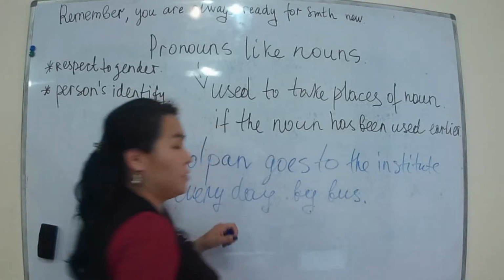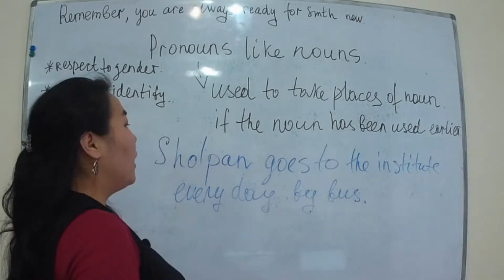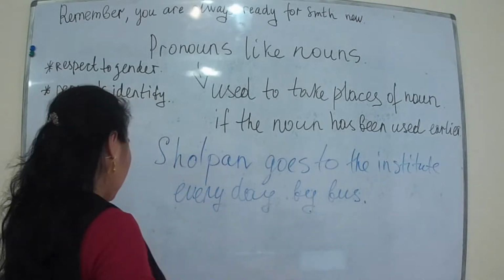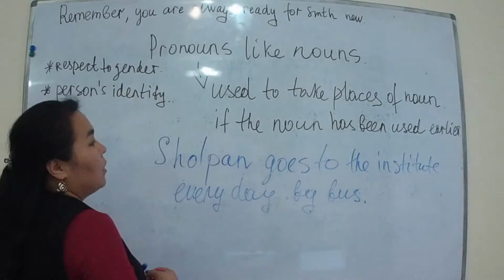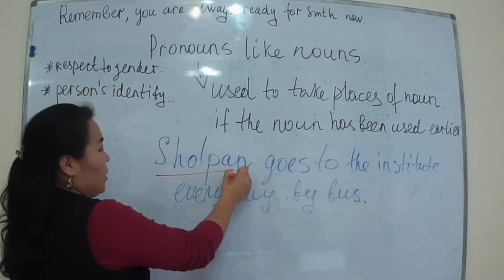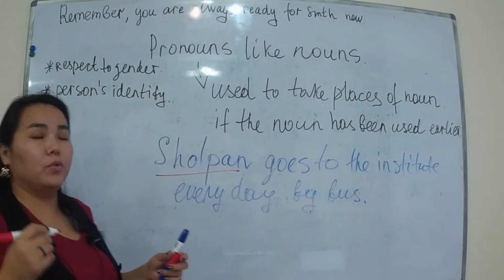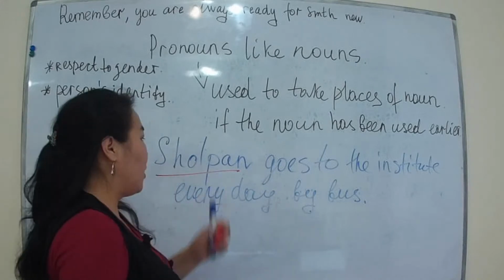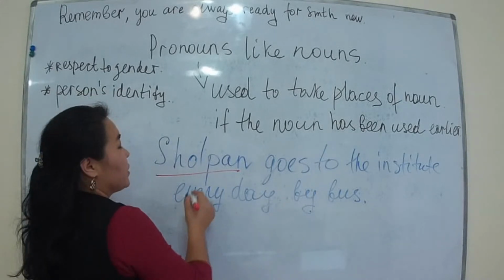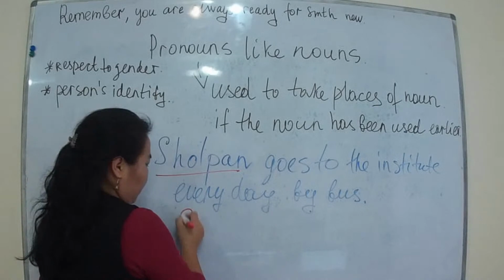We have such a sentence, and now we want to say the next sentence, which is connected with Chopin, but we do not use this noun. Instead of this noun, we use she. It's a pronoun.